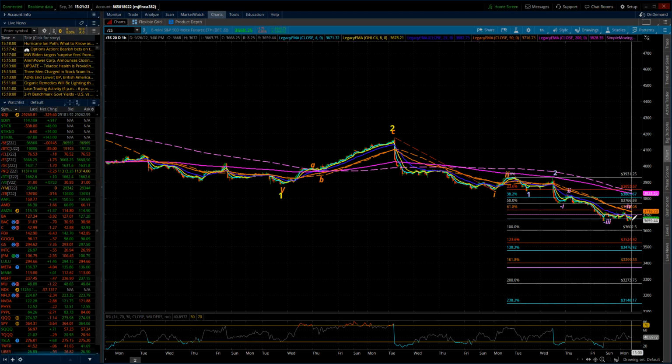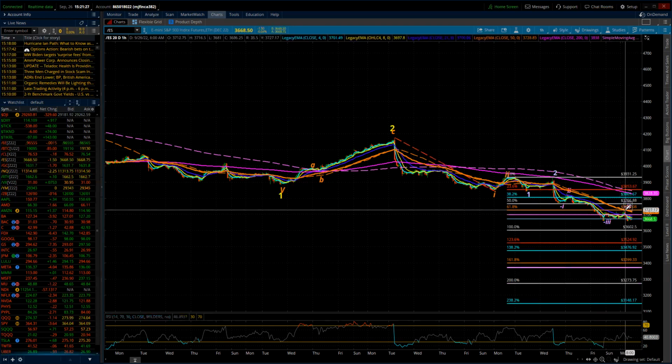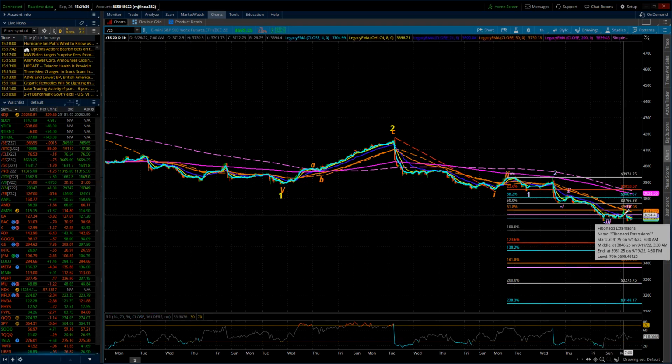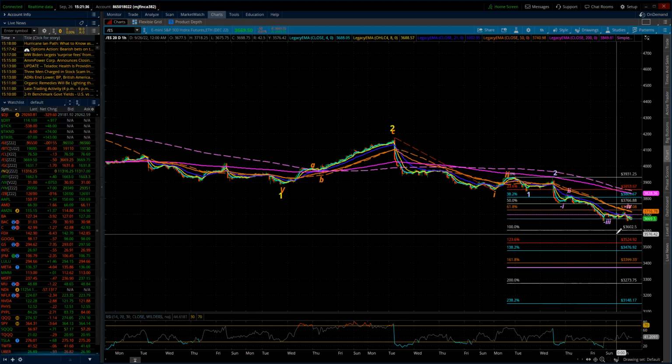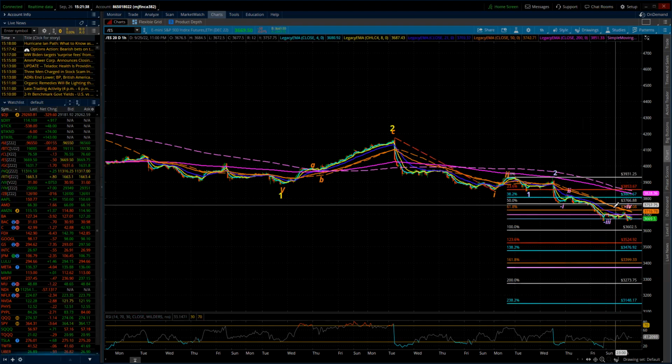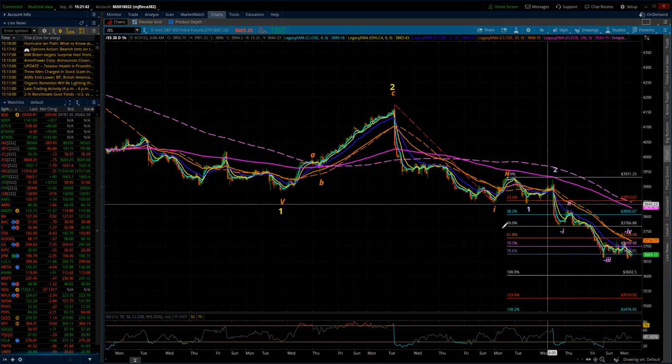If that happens, we already have our area where we're going to be looking for it to rally back to, and that would be towards where we just came out of today, back up towards that 3,700 level.